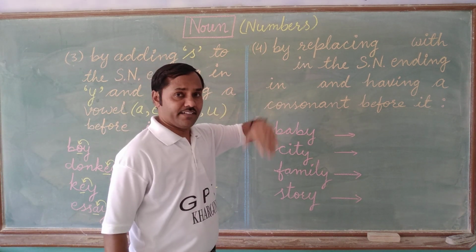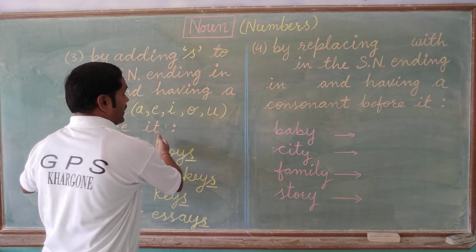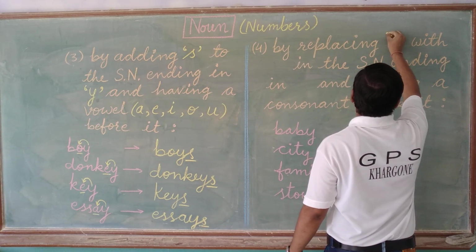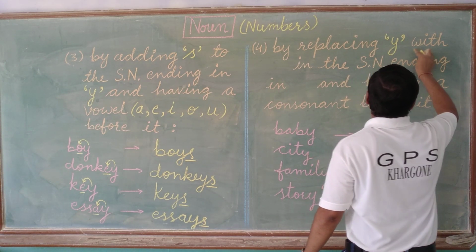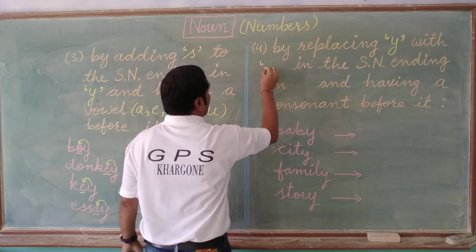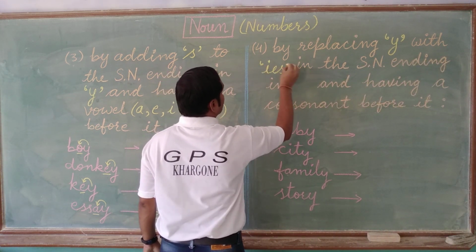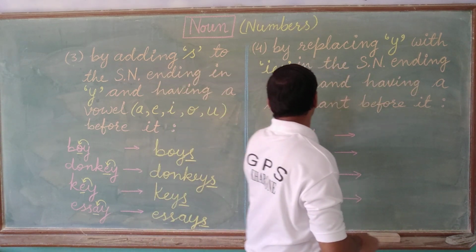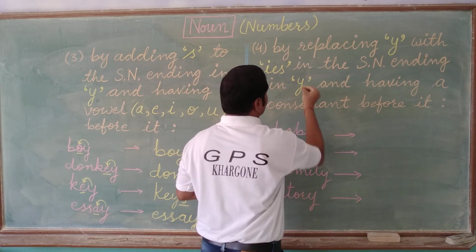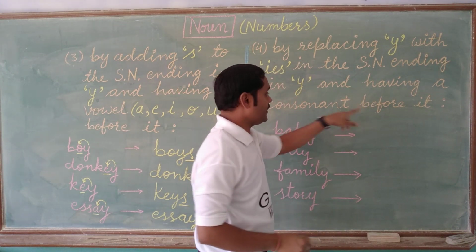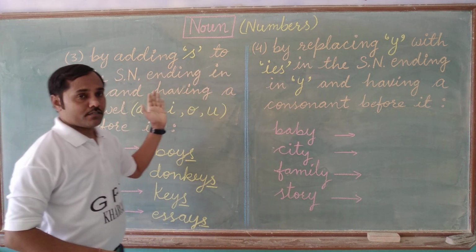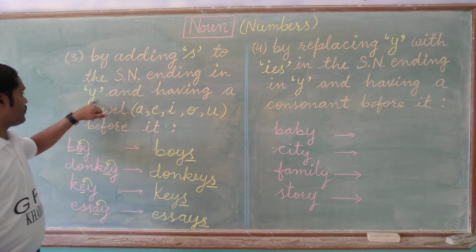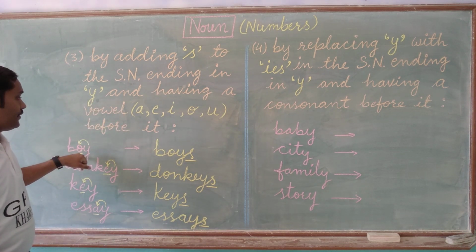The fourth way tells us the situation arises by replacing Y with IES in the singular noun ending in Y and having a consonant before it. Just opposite to this case. Here we are having Y at the end and just before it we are having a vowel.